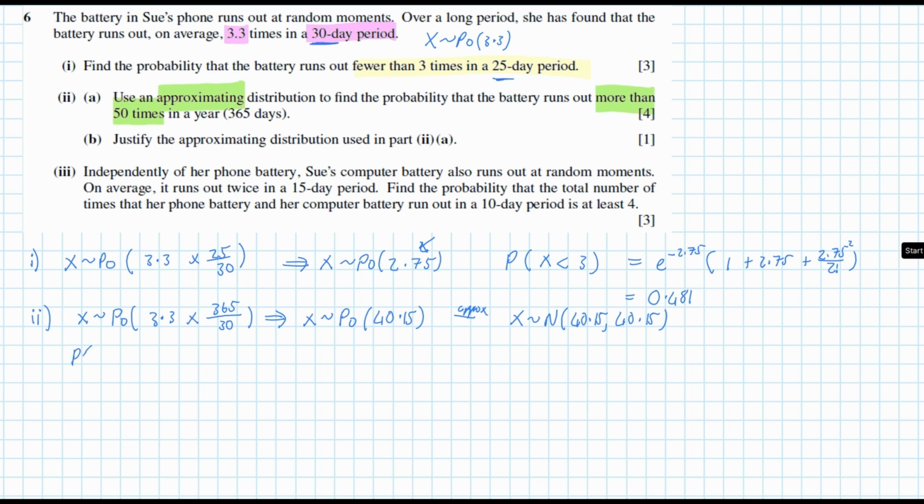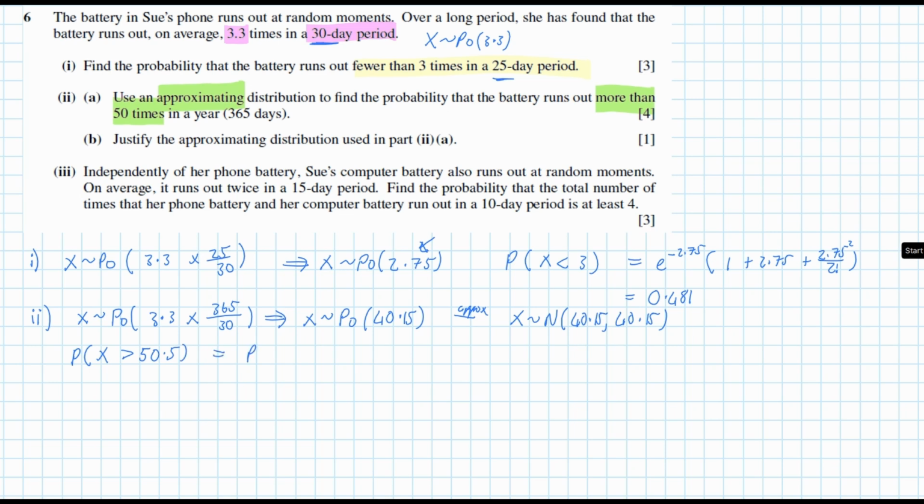Now what's the probability that X is more than 50? Because we're going from Poisson, which is discrete, to continuous, we're going to say greater than 50.5. So continuity correction going on here.